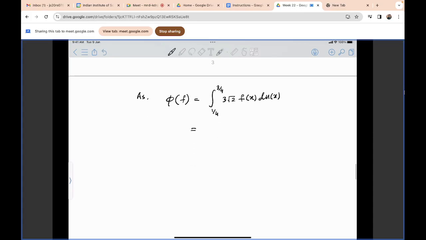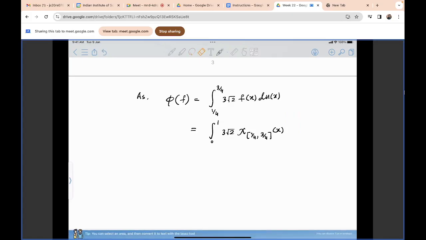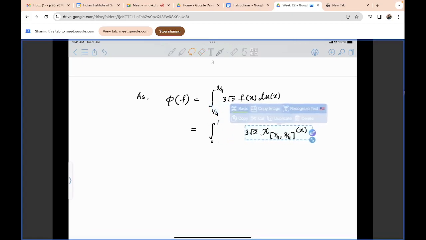This you can write as the integral from 0 to 1 of 3 root 2 times the characteristic function of 1/4 to 3/4 of x, times f(x) d mu x.